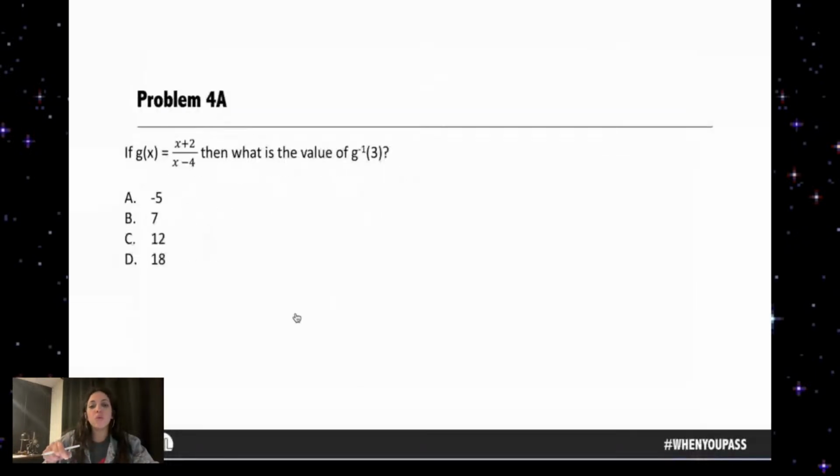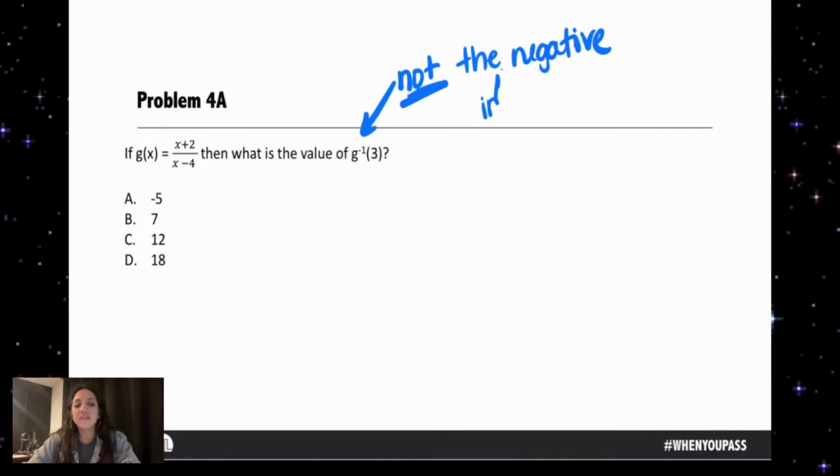This means inverse. So the inverse is when we flip the x and the y and then solve for y. So when I do that, I can go ahead and figure out what the inverse of 3 is, but I have to find that inverse first.